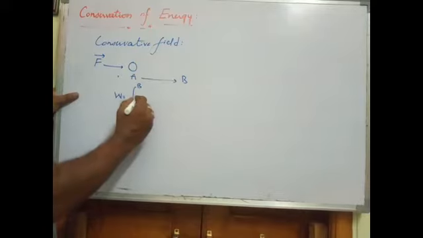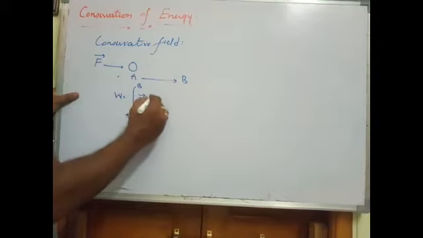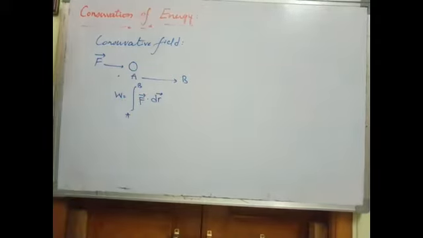So we write F bar dot d r bar. So this is the resultant work. Now we have to solve this one.